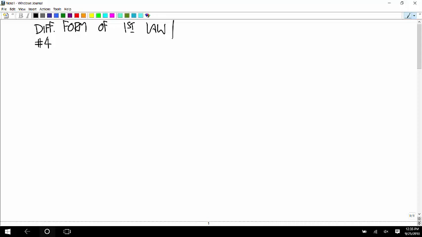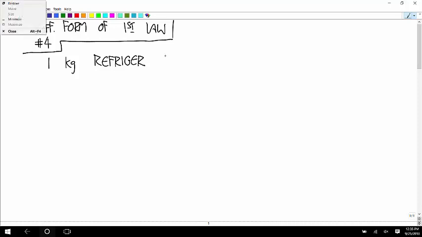Number 4. And it says that you have 1 kilogram of a certain refrigerant 22, and we don't need the table for this, but we do have tables for that refrigerant.